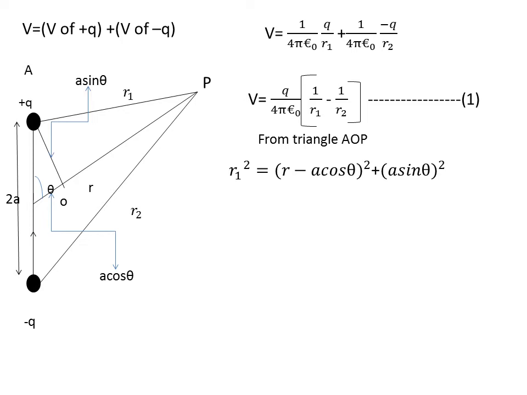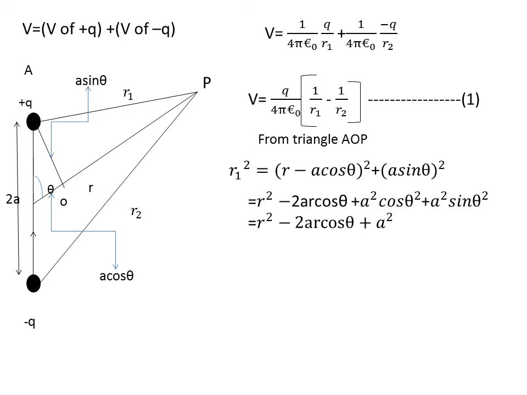Now we can expand this: r square minus 2ar cos theta plus a square cos square theta plus a square sin square theta. A square cos square theta plus a square sin square theta is a square, because sin square theta plus cos square theta is equal to 1. So this is the equation. Now we are going to take r square outside the equation on the right hand side, or we can say we are going to multiply and divide the right hand side with r square.